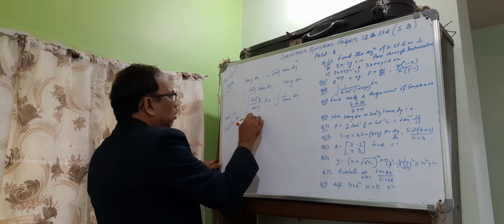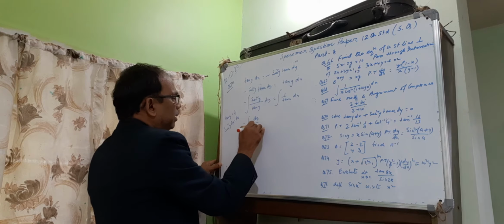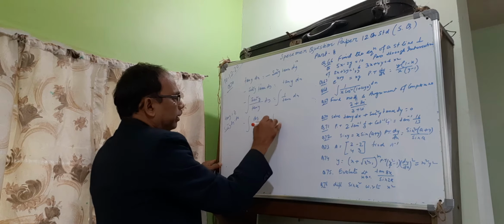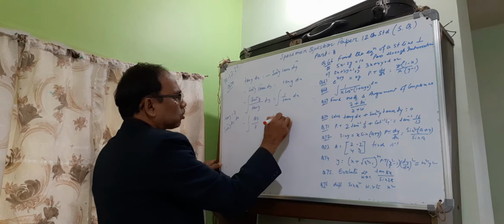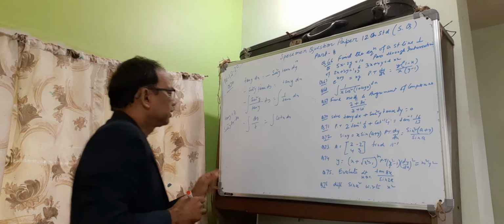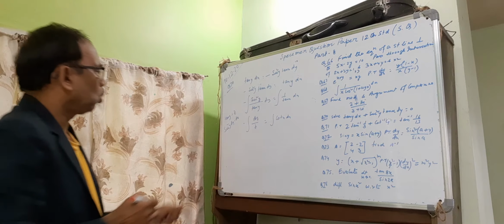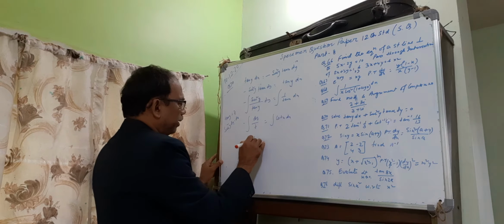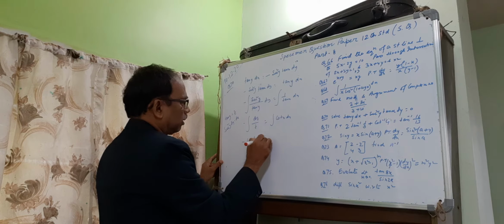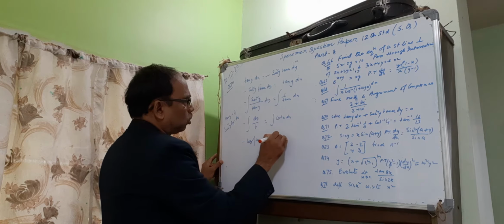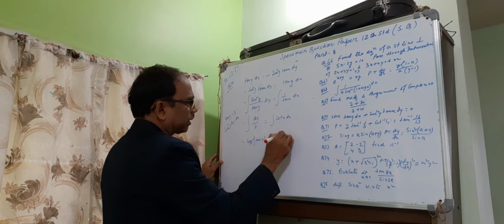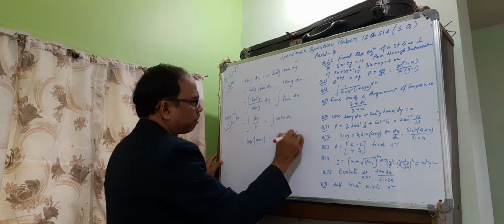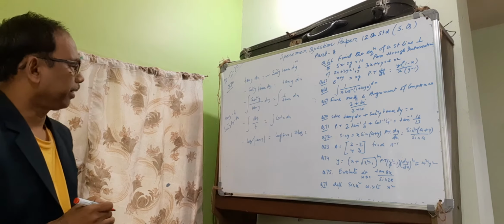Put it here: dz by z equals integration of 1 by tan x, that is cot x dx. So this is 1 by z integration, log z. So minus log tan y equals log of sin x, the derivative of cot x's integral, plus a constant, we can write it as minus log c. Minus log c is a constant.